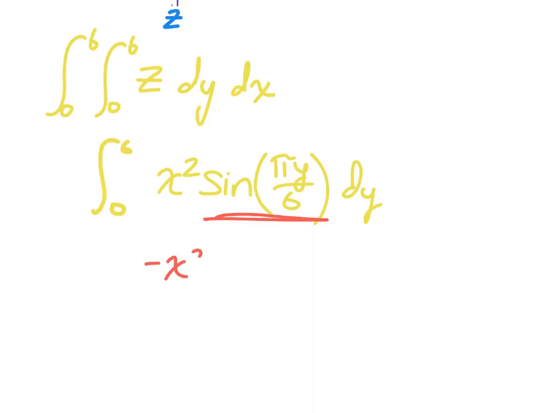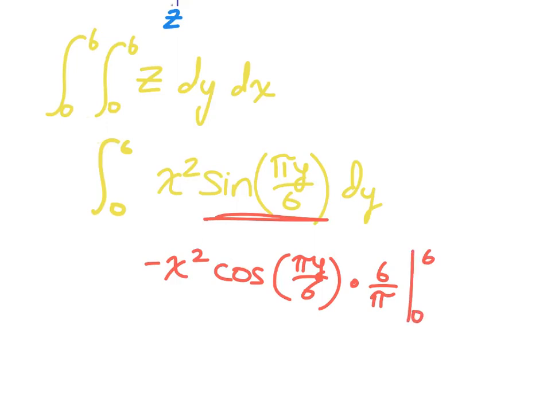So negative x squared cosine pi y over 6, but then I have to divide by the inner function, which would be the same as dividing by pi over 6, which is multiplied by 6 over pi. I liked it better when it was just a z.